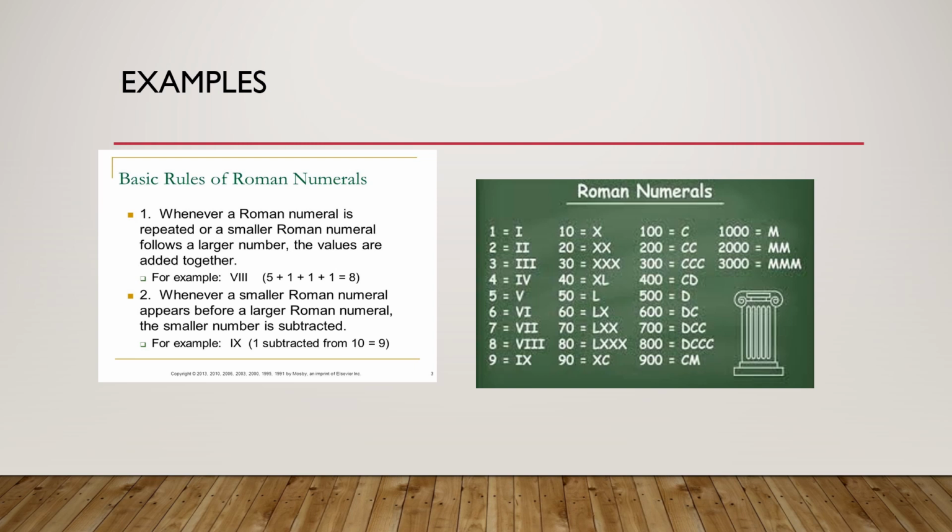Whenever a smaller Roman numeral appears before a larger Roman numeral, the smaller number is subtracted. For example, IX: 1 subtracted from 10 will be 9. These are some Roman numerals you have to memorize.